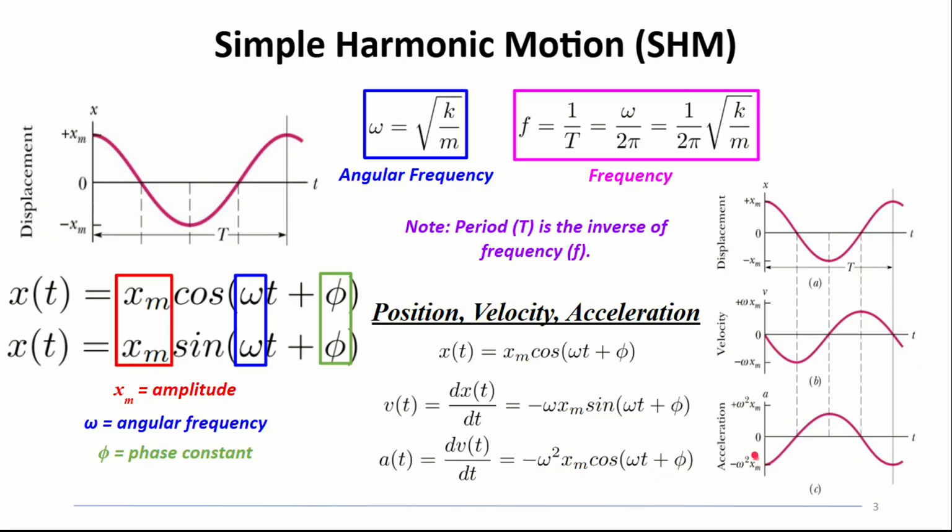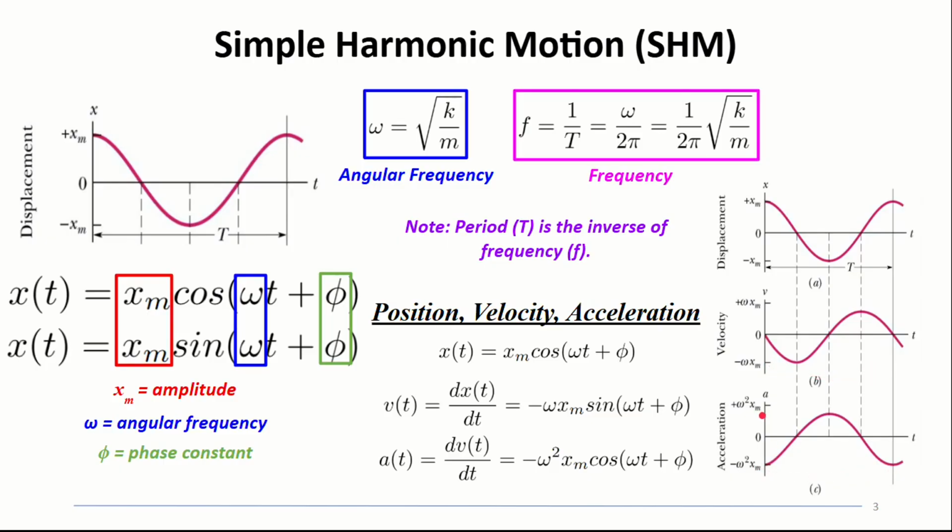And if you look here, this acceleration graph is essentially just going to be flipped over compared to the displacement graph. And also notice that each of these graphs have the same period, T, same period here, and same period here.